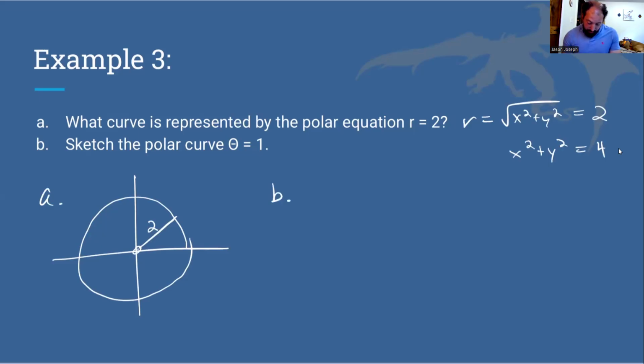And B, sketch the polar curve theta equals 1. So that means 1 radian.